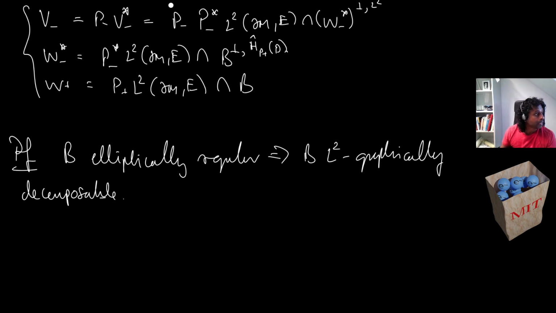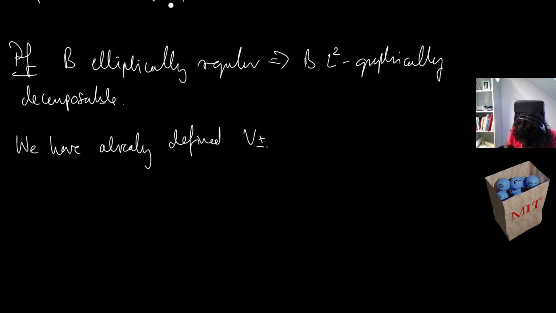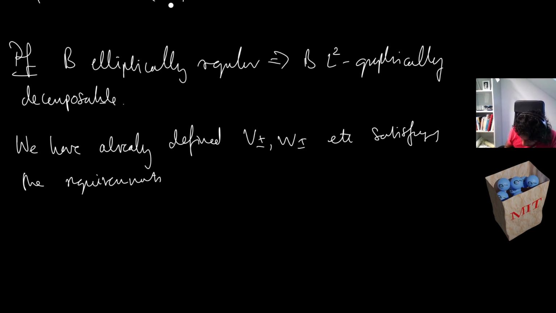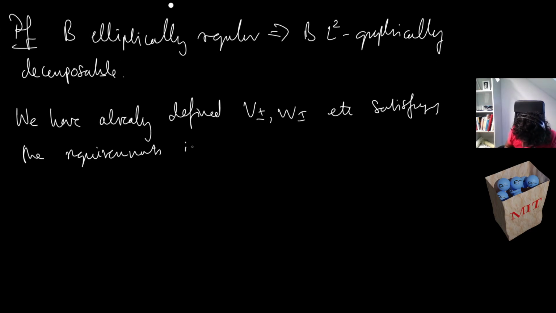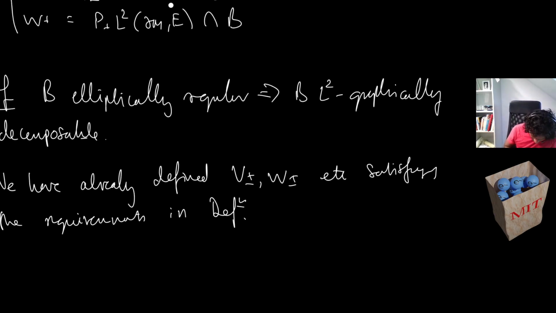All right. Okay, so we just have to keep in mind the spaces that we defined. So we have already defined spaces V plus minus, W plus minus, etc., satisfying the requirements in the definition of L2 graphically decomposable, right?